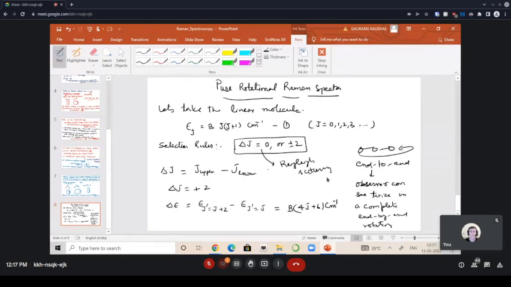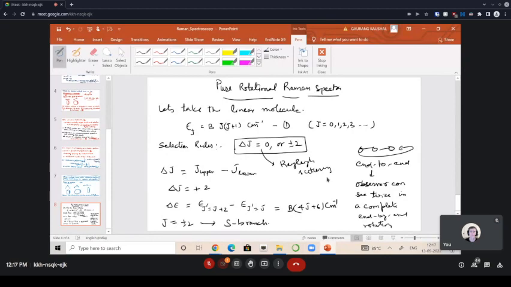In one of the lectures we discussed that there are some branches. The rotational spectrum is divided into branches depending upon the rotational quantum number. So delta J equal to plus or minus 2 is designated as the S branch in the spectrum.